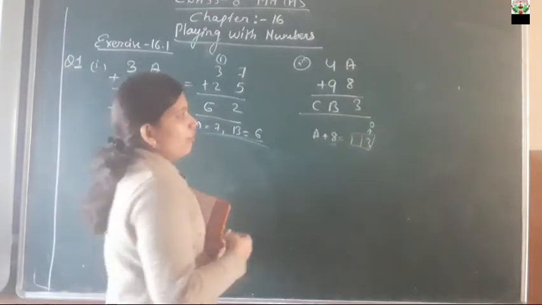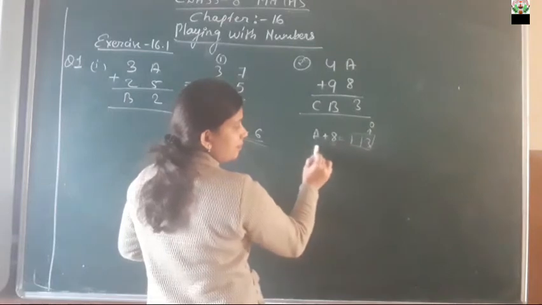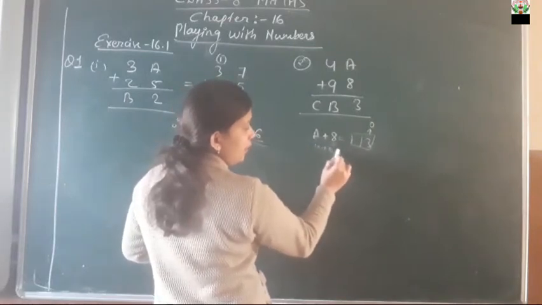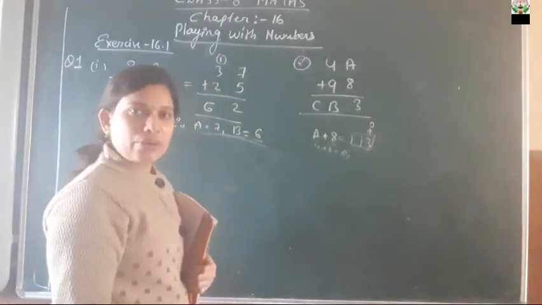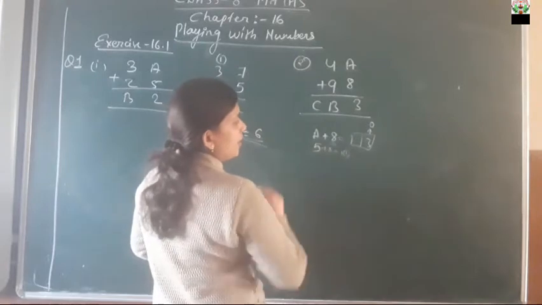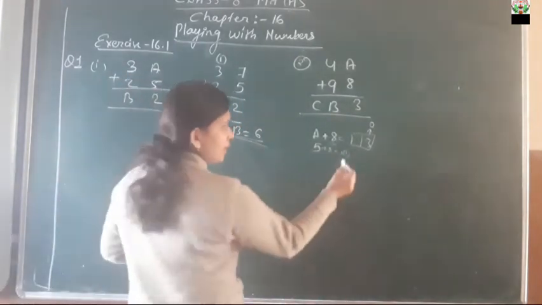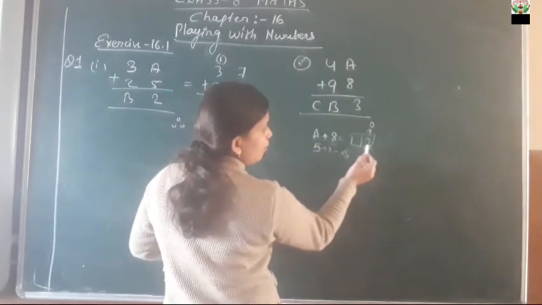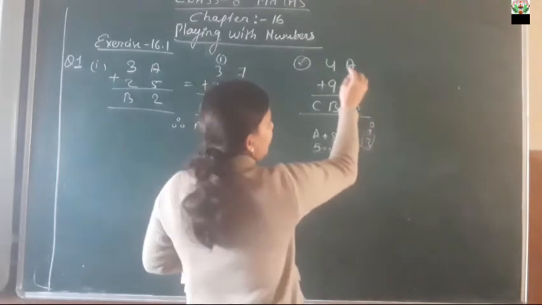Okay, so when we add 4 plus 8 it is 12. In one's place value 2 is coming, so we are not going to take that number. If we increase that number, 5 plus 8: 8, 9, 10, 11, 12, 13. 13 is coming, isn't it? So in one's place value 3 is coming and we will give 1 carry.